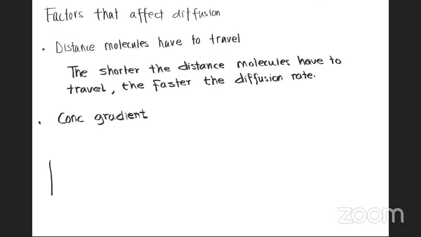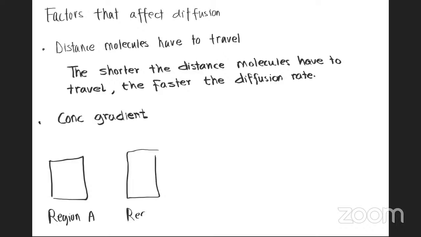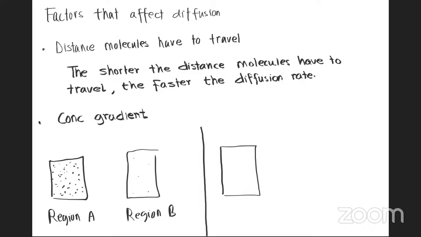Take region A and region B. Okay, so region A has a lot of oxygen molecules, and region B has few oxygen molecules, so this is the first case. Then the second case.